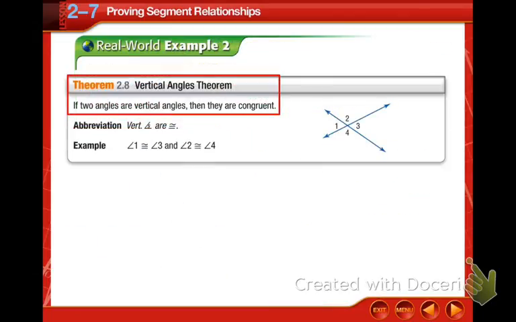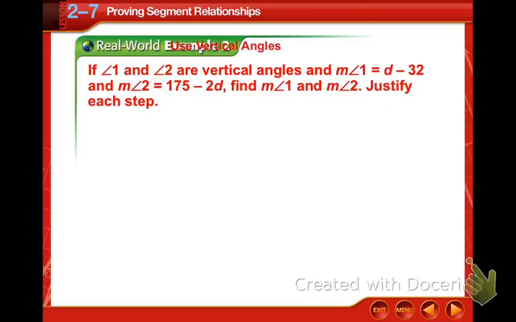Vertical angles theorem says that if two angles are vertical angles, then they are congruent. If angle 1 and angle 2 are vertical angles, and the measure of angle 1 is equal to d minus 32, the measure of angle 2 is 175 minus 2d, we need to find our two angles. Because they are vertical angles, we know they're congruent. That's what we literally just read on the last slide. So we can take this and do d minus 32 equal to 175 minus 2d.